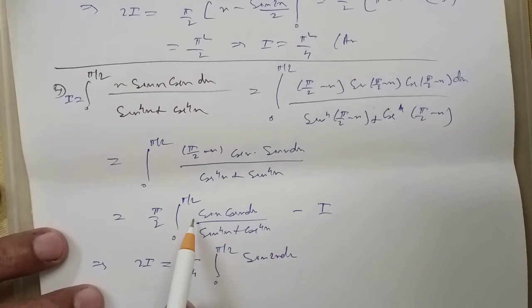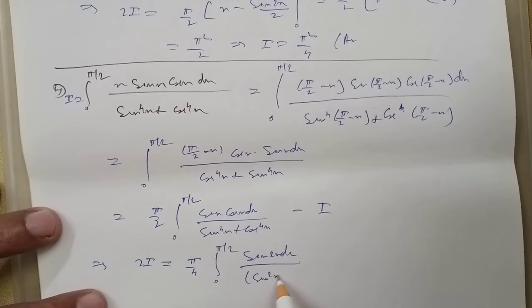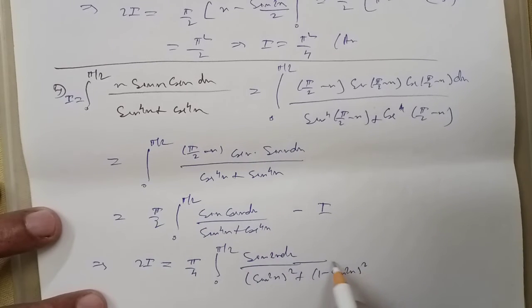Here we need a 2, that's why I have written pi by 4 here. Sin 2x dx by sin square x whole square plus 1 minus sin square x whole square.